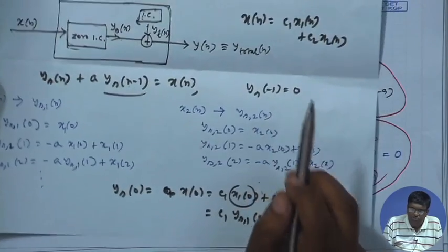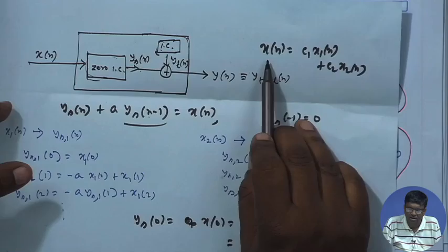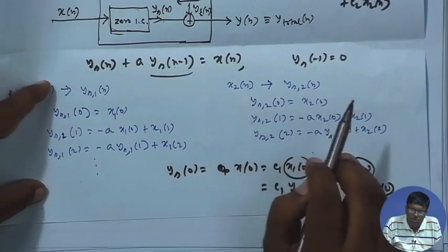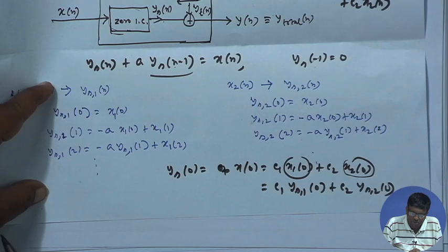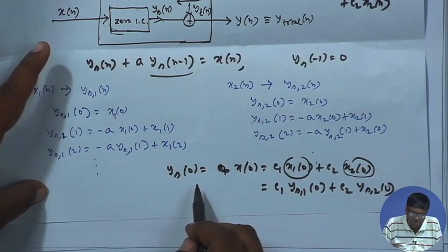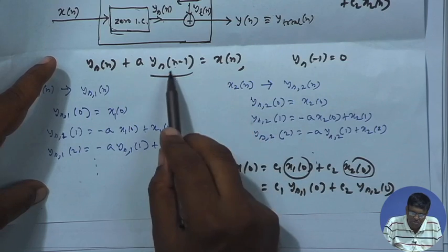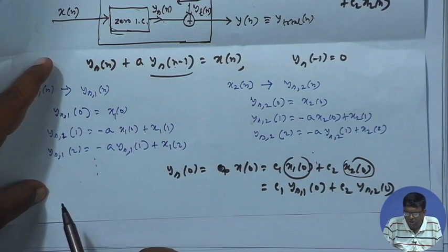Then my question is, if I give neither x_1 nor x_2, but a linear combination, called x[n], what will be the new output? The new output again I have to solve with zero initial condition. y_s[0] will be nothing but x[0], because the past value y_s[-1] is 0 because of the zero initial condition.